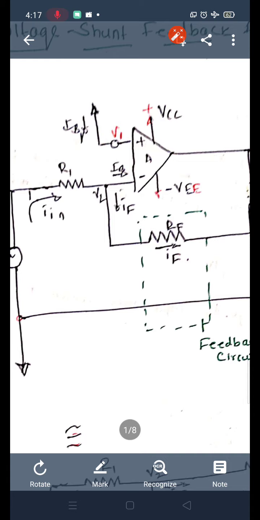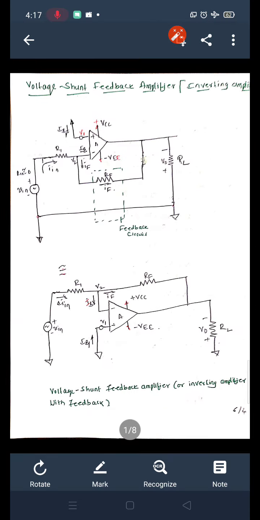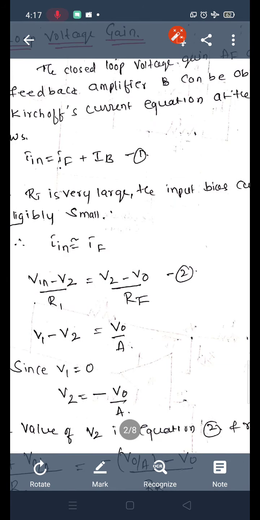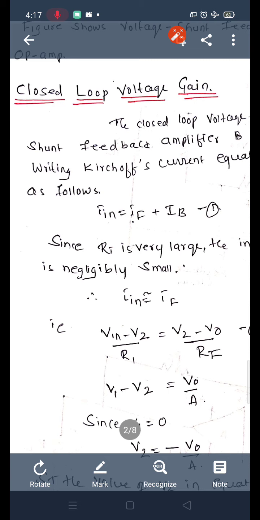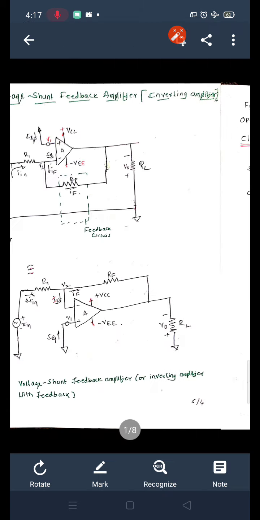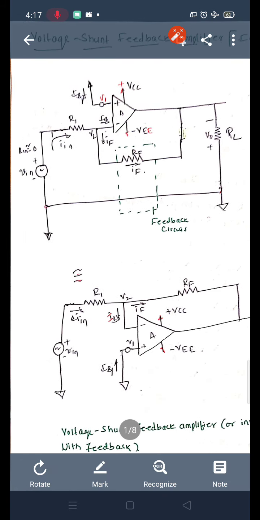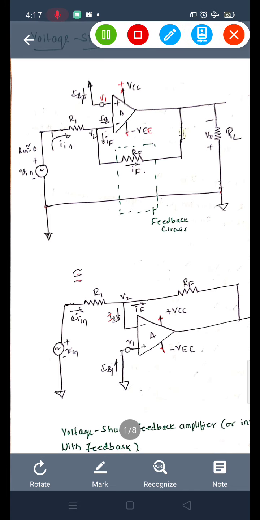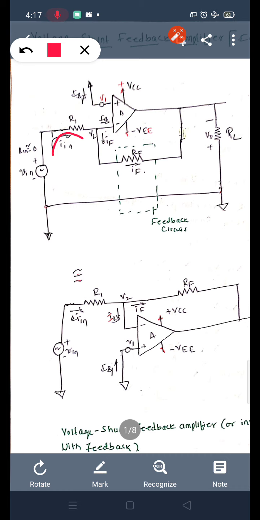Since the input current is equal to the feedback current plus the bias current, with respect to the figure we write: input current is equal to feedback current plus bias current, as shown in our figure.